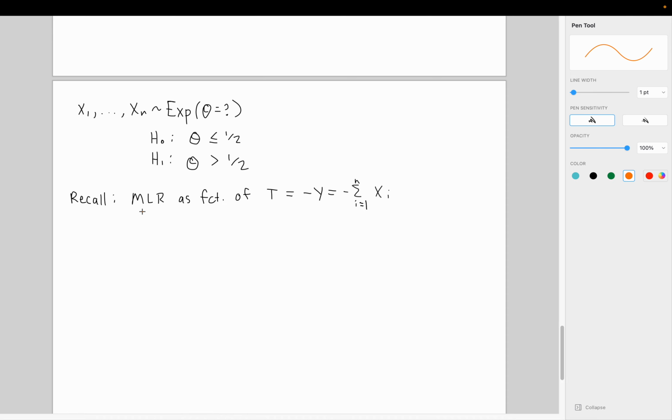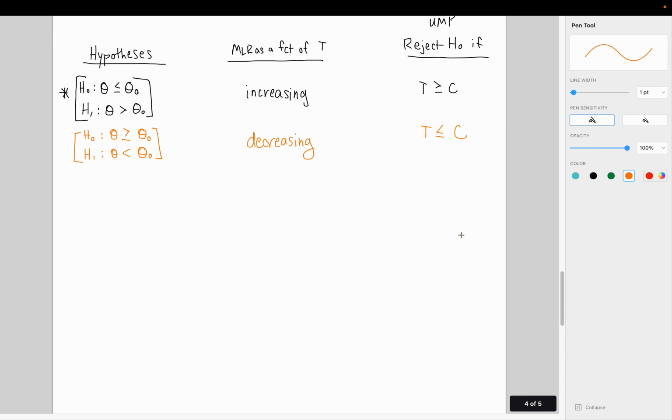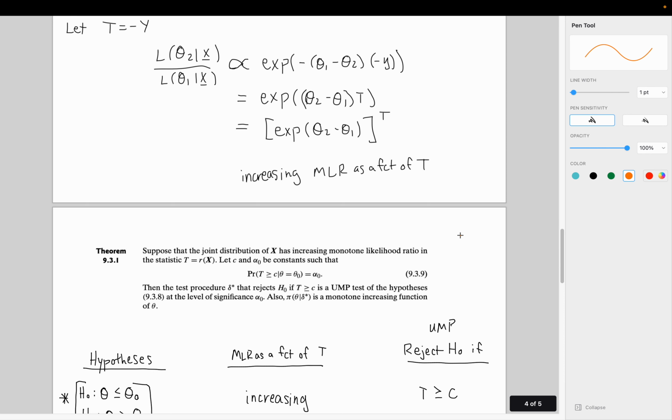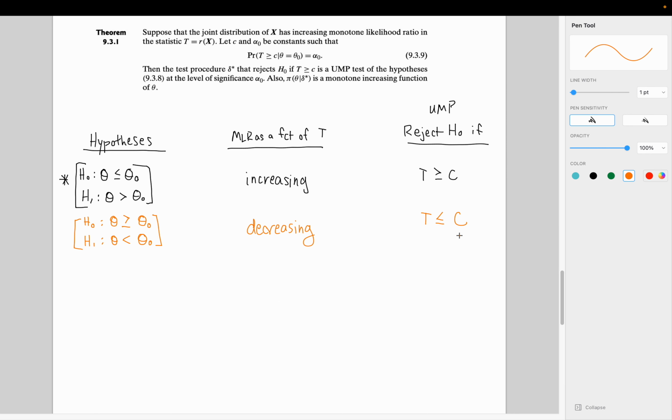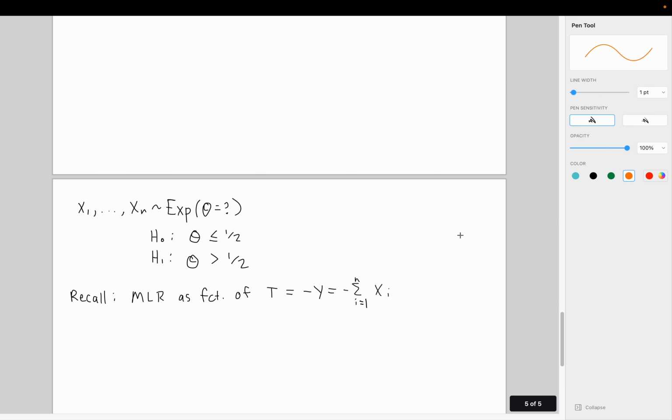We have already seen that we have a monotone likelihood ratio as a function of t, where t is equal to negative y, which was equal to negative the sum of the individual x values that we got. We also saw that that was an increasing function of t. So this is an increasing monotone likelihood ratio. That's important.